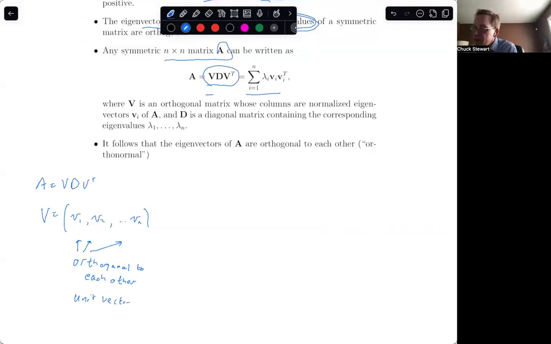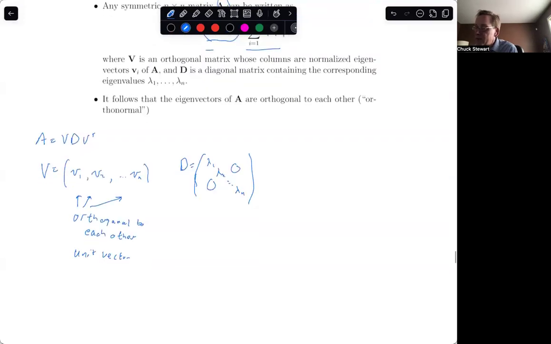Oh, I'm sorry, I skipped over one part. D equals lambda 1, lambda 2, through lambda n, and then we have zeros off the diagonals. So D is a diagonal matrix, and this is one simple notational thing, so you don't have to keep writing out all the zeros.